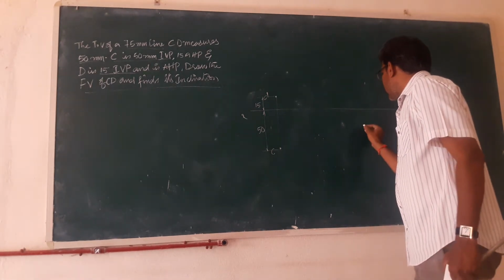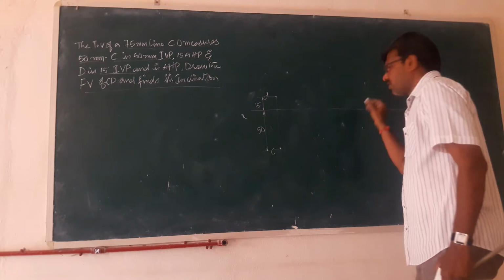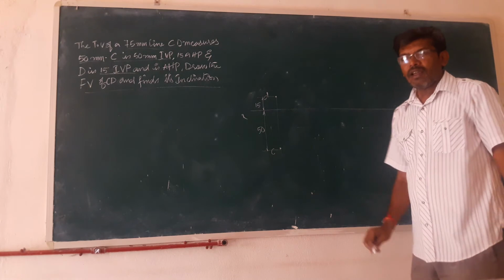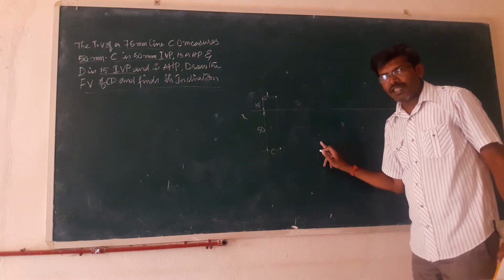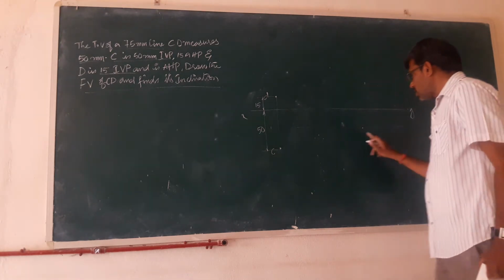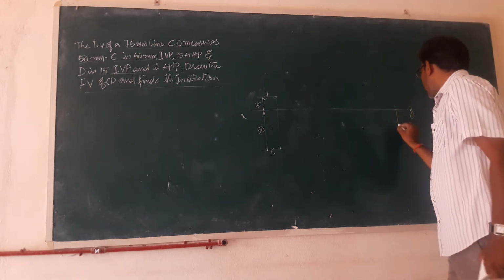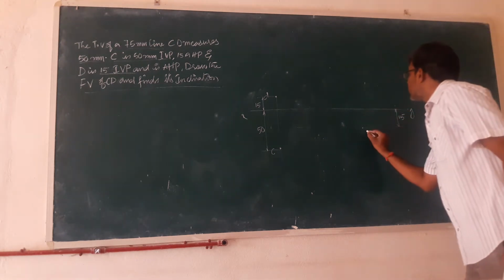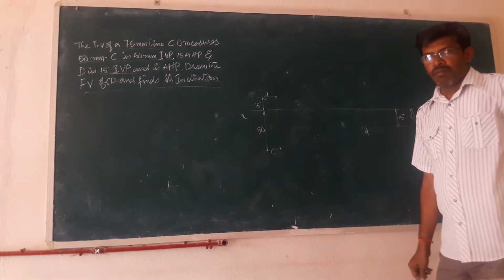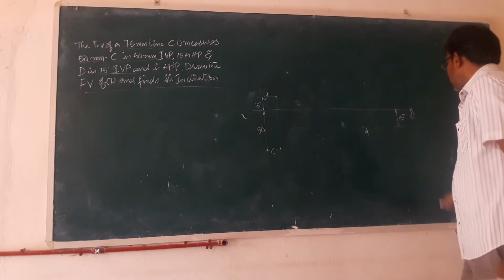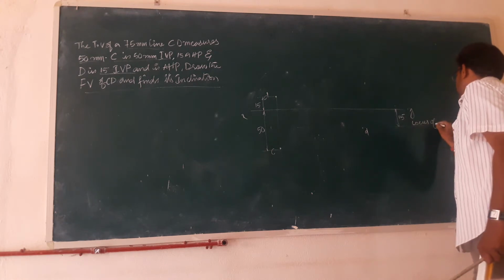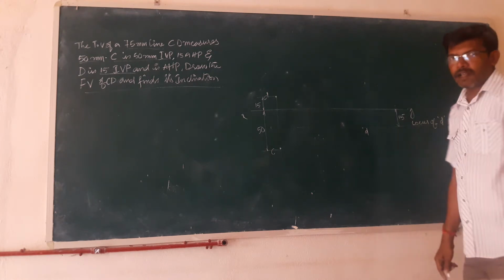So simply, first of all, I will take a point here, 15 mm, and I will draw a light line passing through 15 mm. So here I will draw the dimension. This is 15. This is point D. Okay, this is point D. Now here I will write down this is the locus of point D.